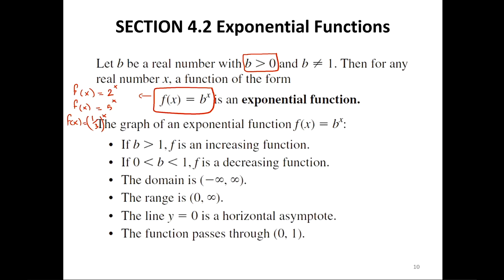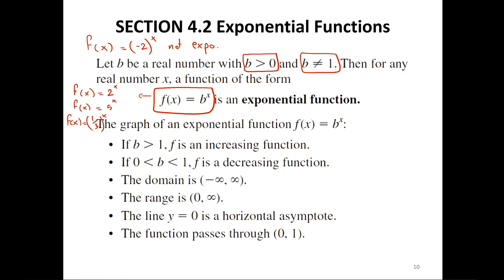Okay. For example, f of x equals minus 2 to the power x is not exponential, because the b must be positive and not equal 1, because 1 to the power x equals 1. This is constant, not an exponential function. Okay.